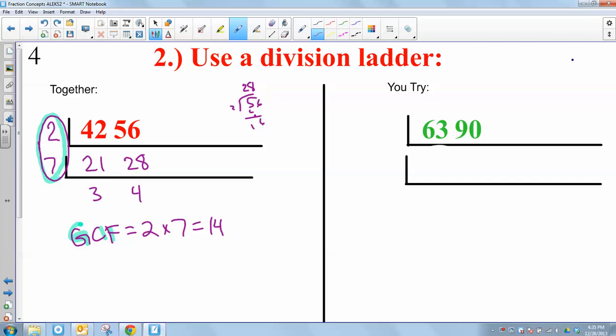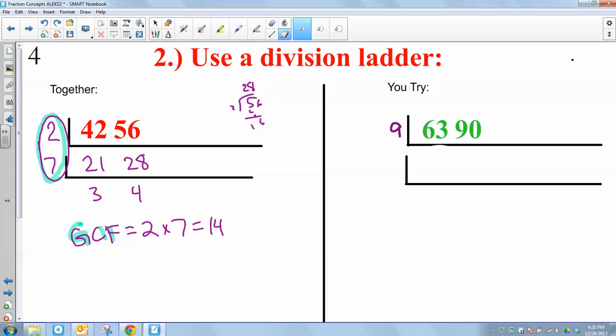All right, so you are going to try this one by yourself, and I'll be back with the answer, so hit pause. All right, let's see how we did here. I see off the top of my head that a common factor between 63 and 90 is 9.